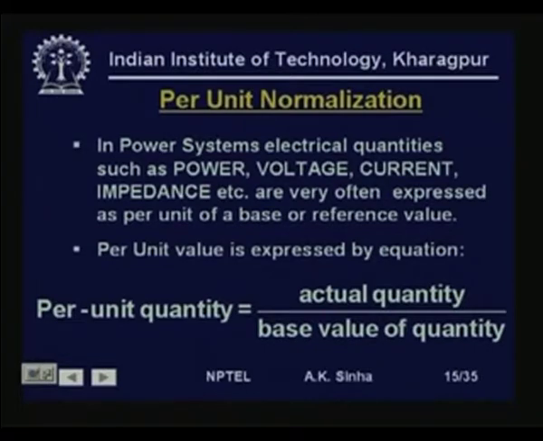That is, we represent these values with respect to a reference or a base value. The per unit value is expressed by the equation: per unit quantity is equal to actual quantity divided by the base value of that quantity.